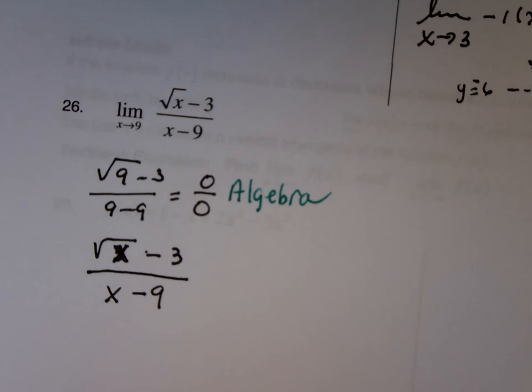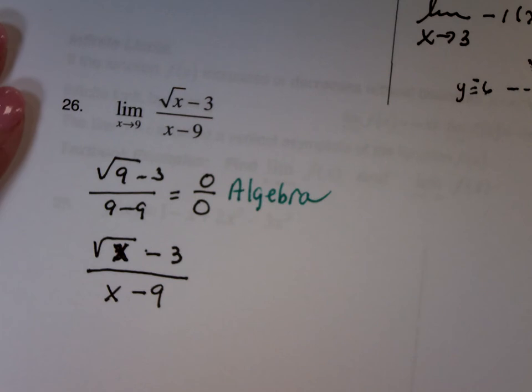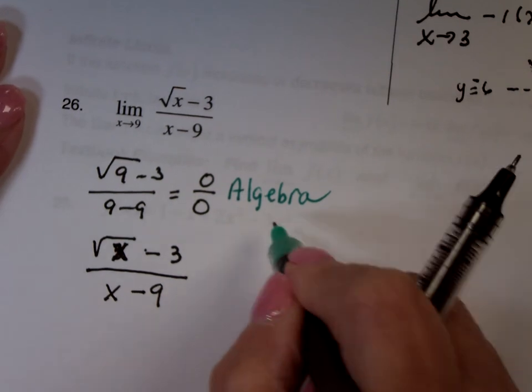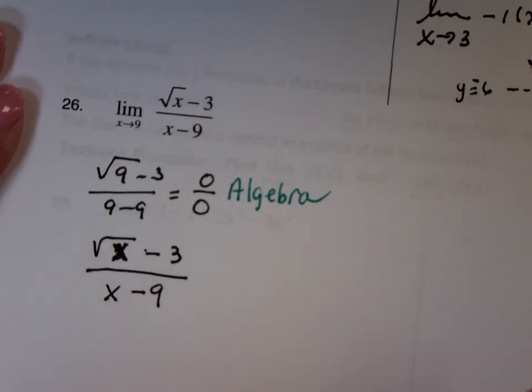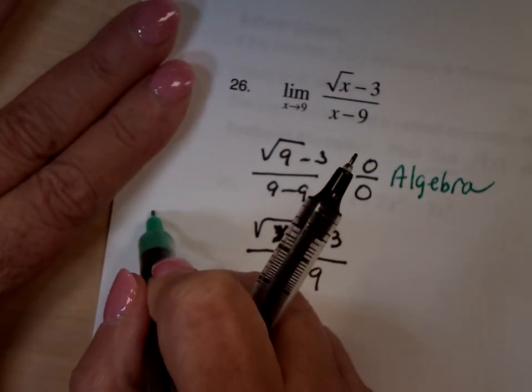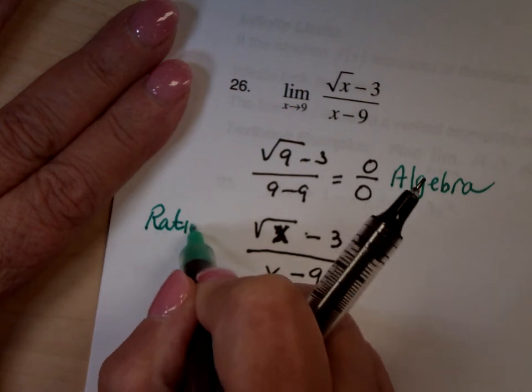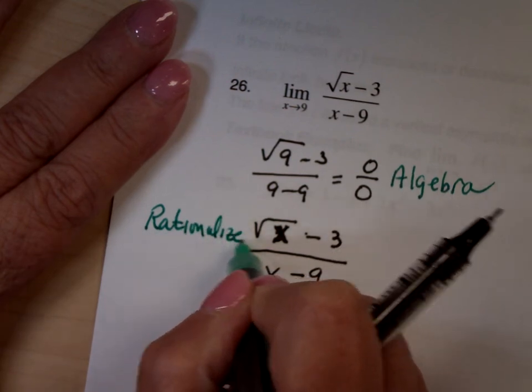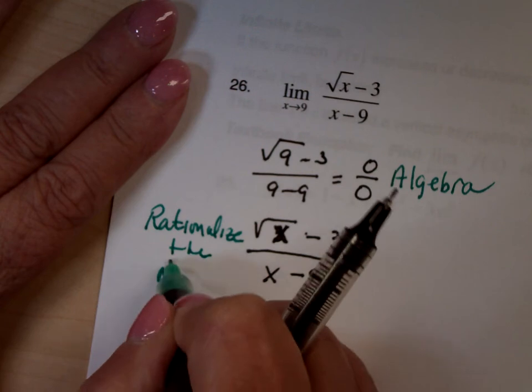Well, I know that the numerator and denominator have something in common. They have a common factor. And the question is, how do I get at it? I need to do some algebra, and the algebra I'm going to use is to rationalize the numerator.